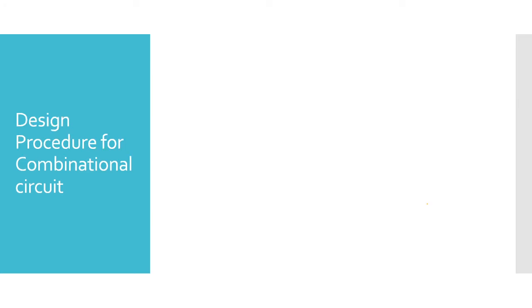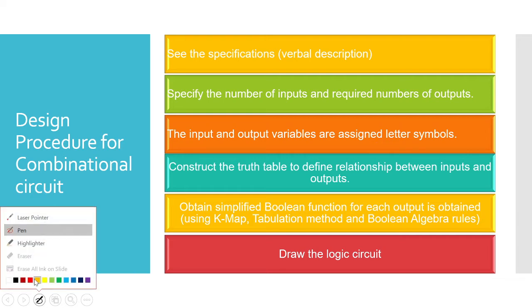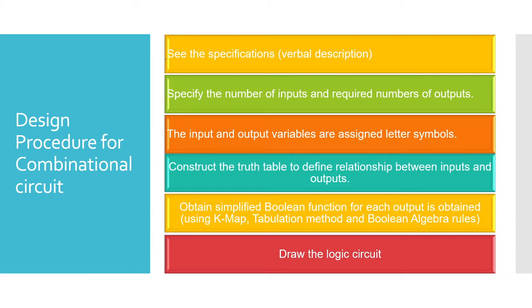So what is the design procedure for a combinational circuit? I will tell you some steps, and based on these steps we will design a circuit. So see here, I am showing you step number 1. Step number 1 is you need to see what the given specification is. The given specification may be a verbal description, maybe a number of statements.